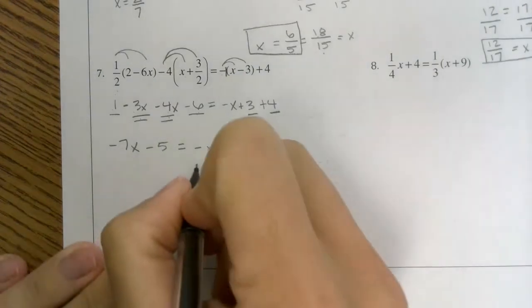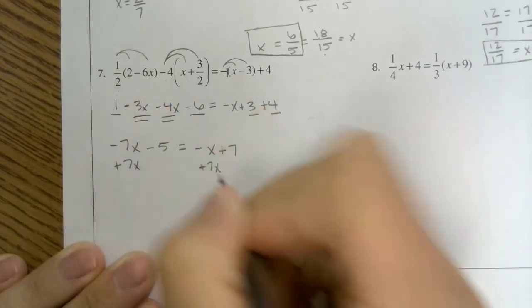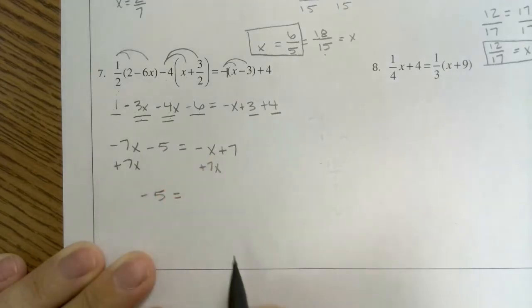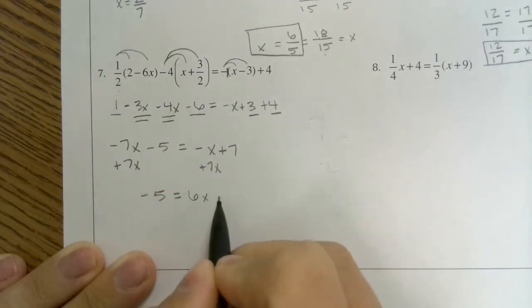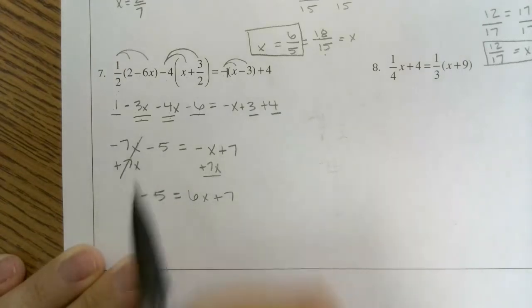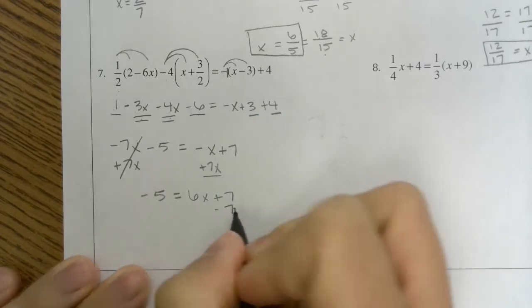We'll get all the x's on one side. I'm going to add 7x here so we can get some positives. So right here, this is the only thing I combined. And then I'm going to subtract my 7.